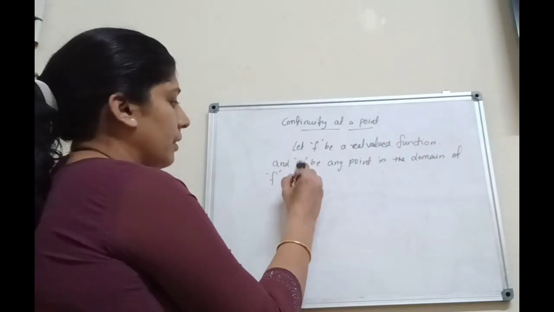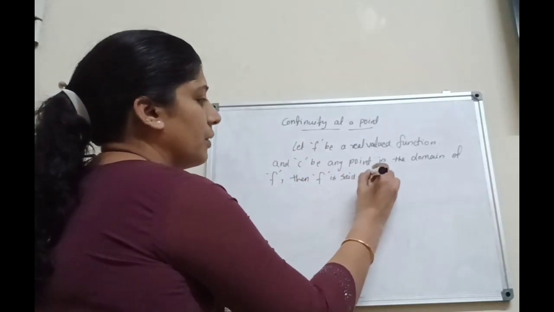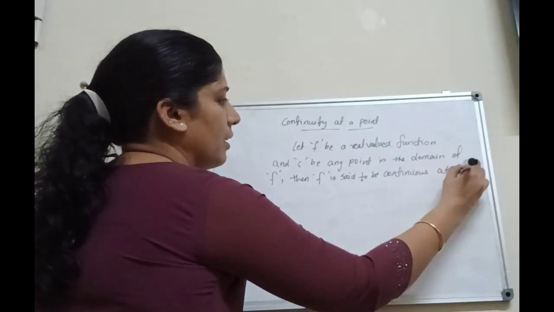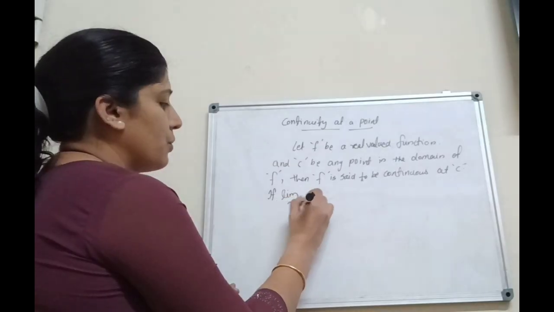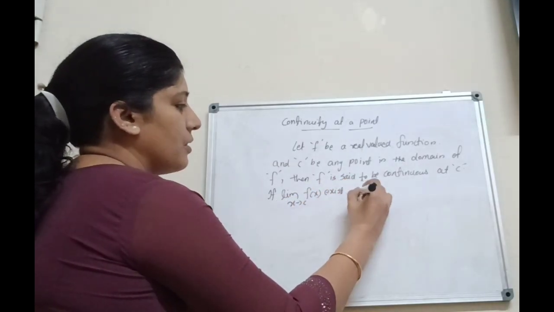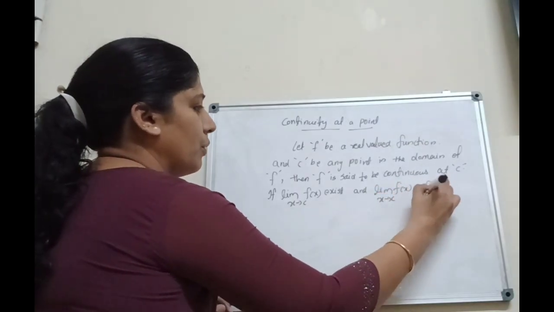Then f is said to be continuous at c if limit x tends to c, f of x exists, and limit x tends to c, f of x equal to f of c.